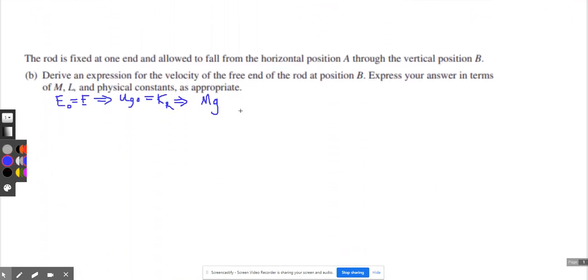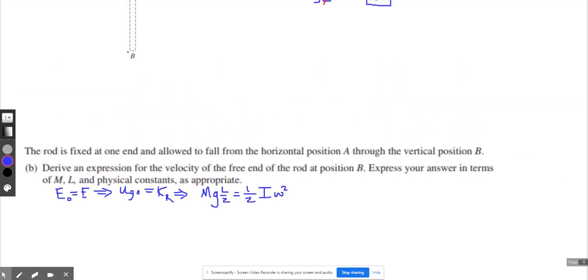So I come over here, and for my MGH, I start with an initial height of L over 2. And then that's all going to turn into rotational kinetic energy, which is 1/2 I omega squared.